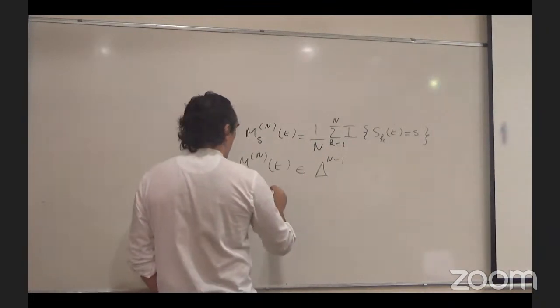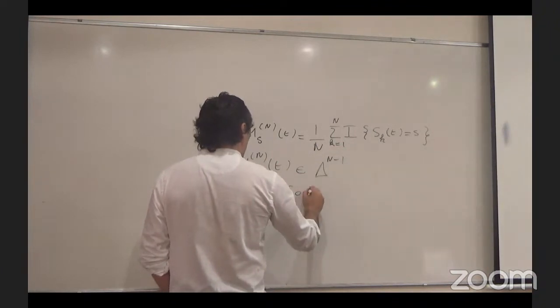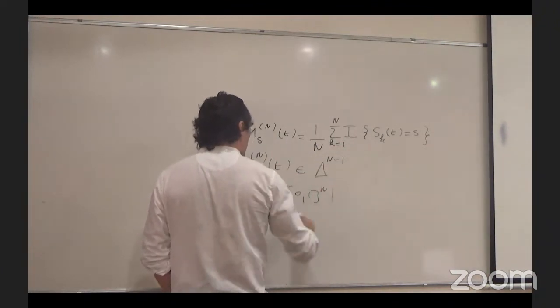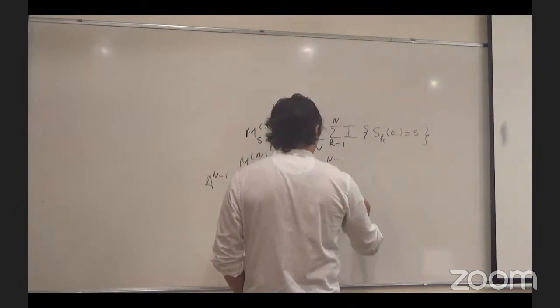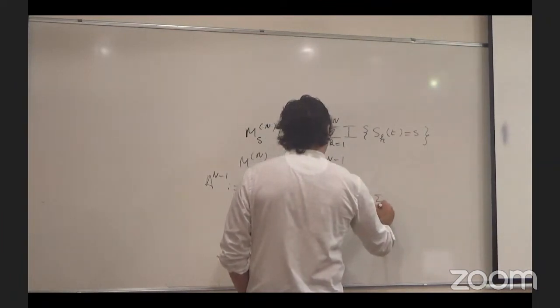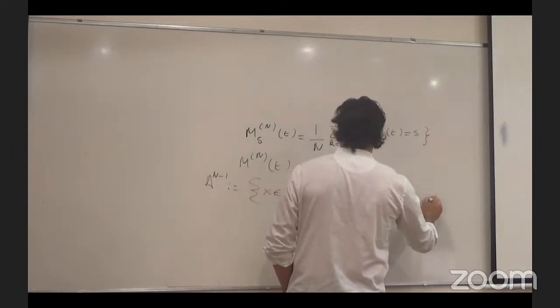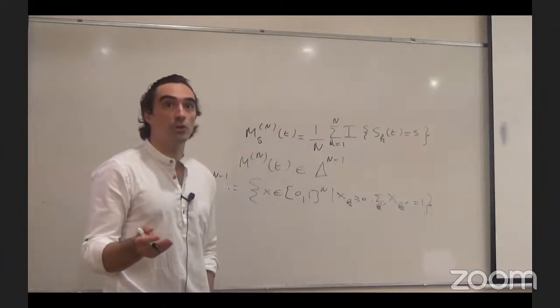So this is all the x in [0,1]^S such that x_k is positive and the summation of x_k' is equal to 1. So basically you are working in a measure space now.